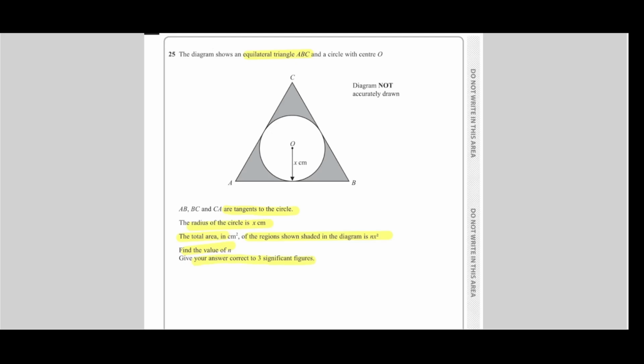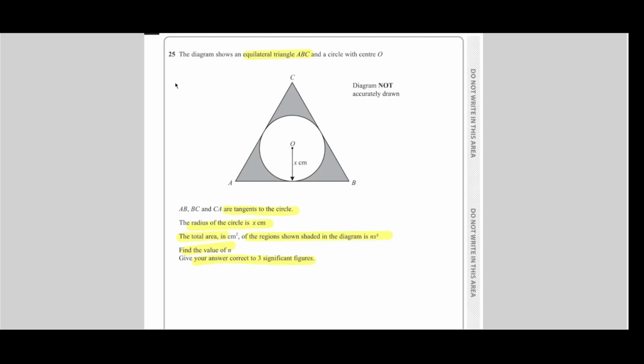So here we've been given the area of the shaded region, which is nx squared. So how do we get the area of the shaded region? Whenever we need to get the area of the shaded region, it is always subtracting two known figures. Now in this case, we have to subtract the area of the circle from the area of the triangle.